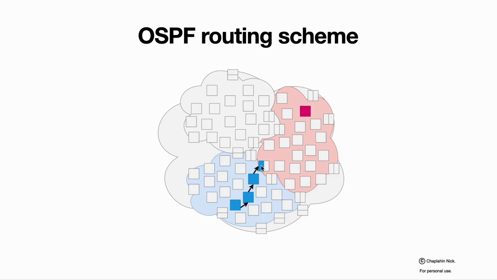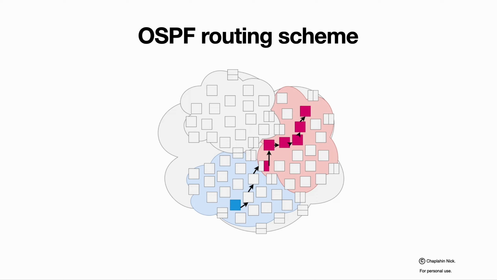Since those are neighboring areas, the boundary router just passes this traffic to the neighbor area. Here we have a route to the destination device that we are looking for, and traffic is transmitted to this destination device. Very simple. So we have routing within an area and routing within an area.